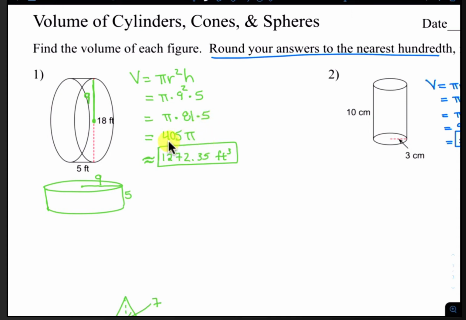So now we have to calculate 405 times pi. We'll put that in the calculator using the pi button, and you get 1272.35, and the units are in feet cubed. So the volume is 1272.35 feet cubed.